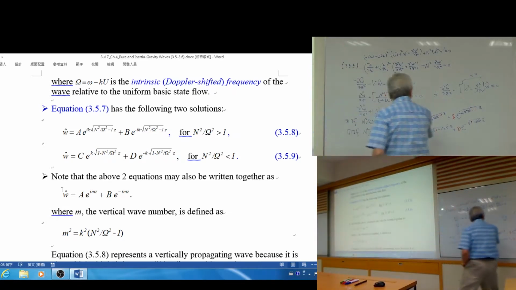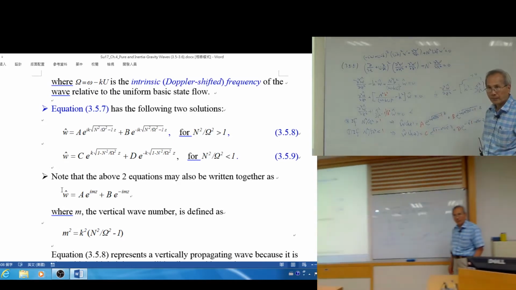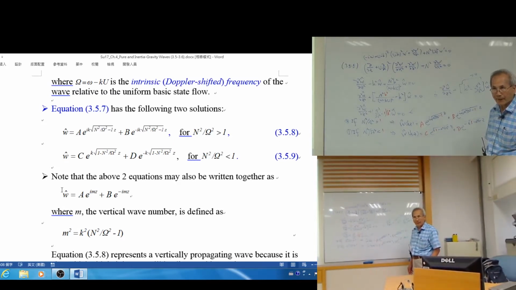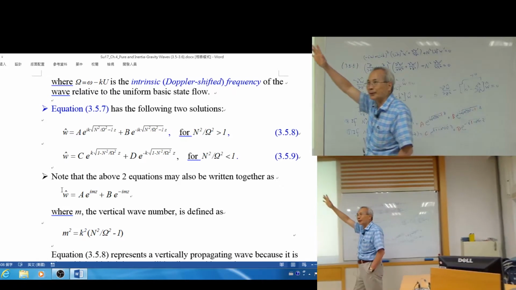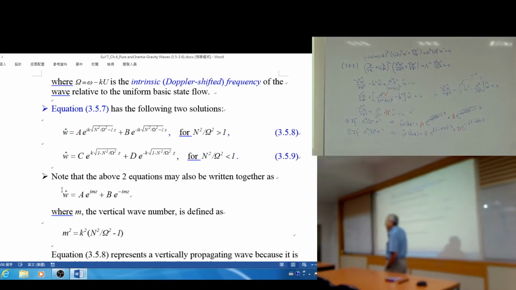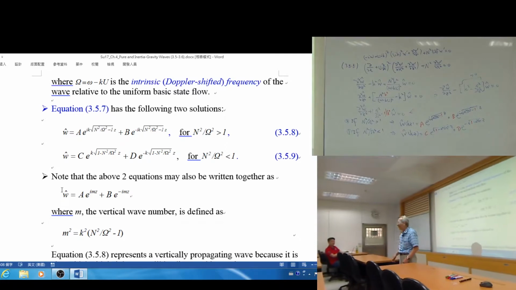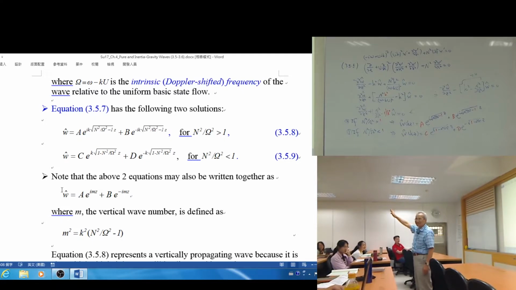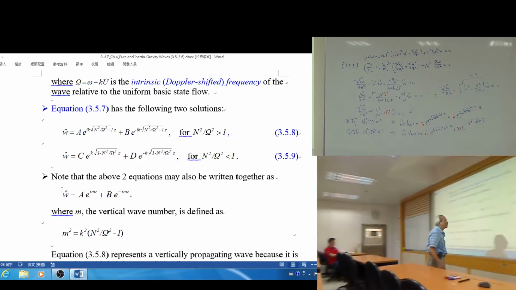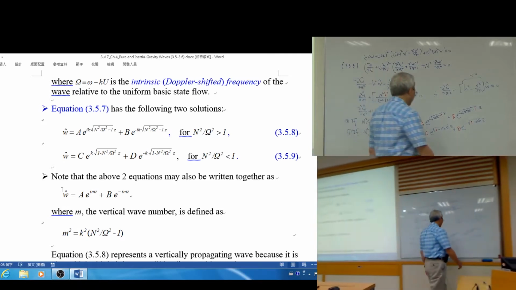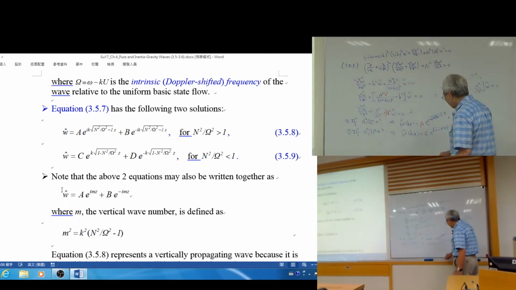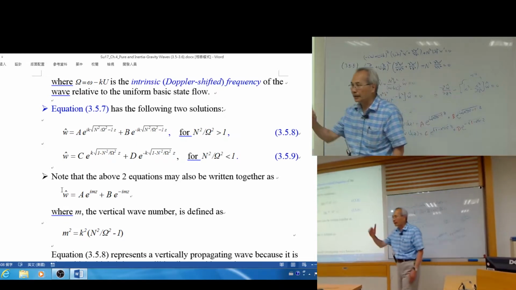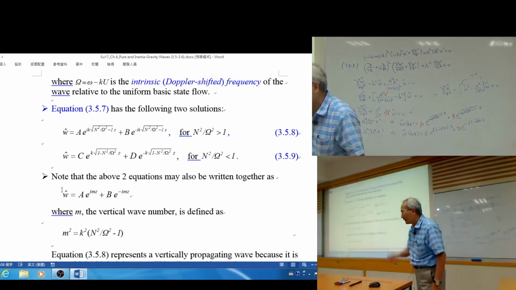So is this solution correct? How many vote for correct? How many vote not correct? It's not correct.